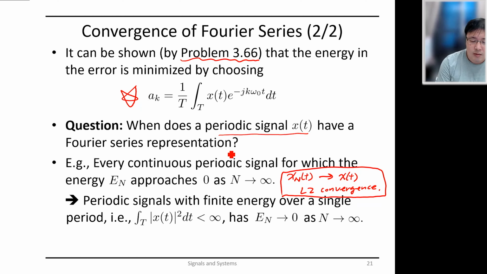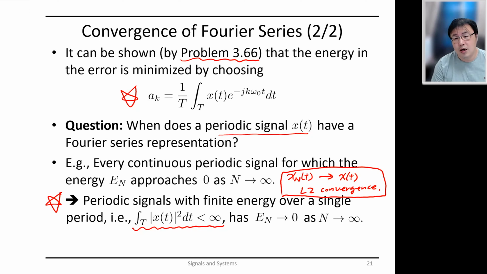Now, when would this be true? Right. So without proving, actually, one can show that all periodic signals with finite energy over a single period, namely, if this is true, has an error energy that goes to zero as capital N goes to infinity. Okay, so this is true for all periodic signals with finite energy over a single period.